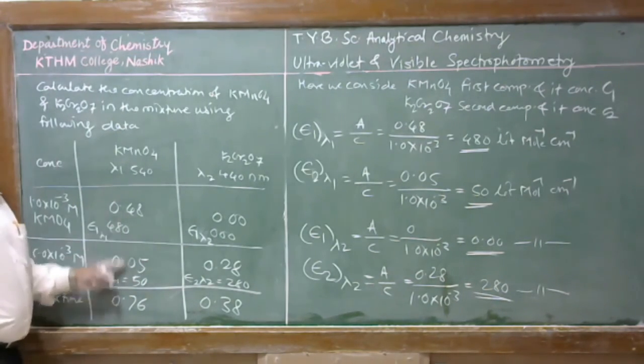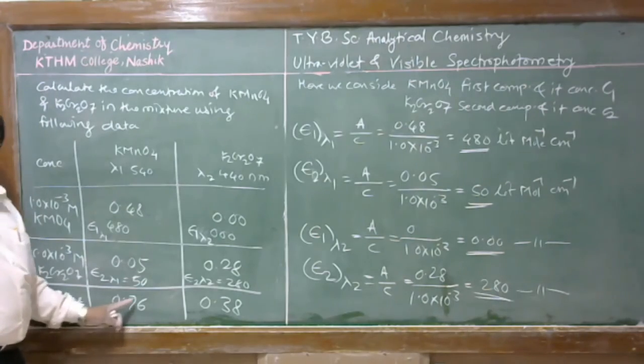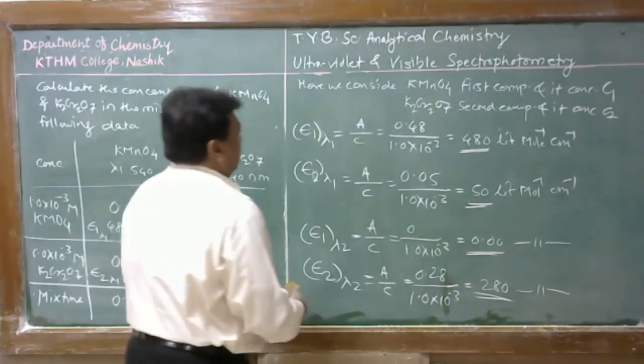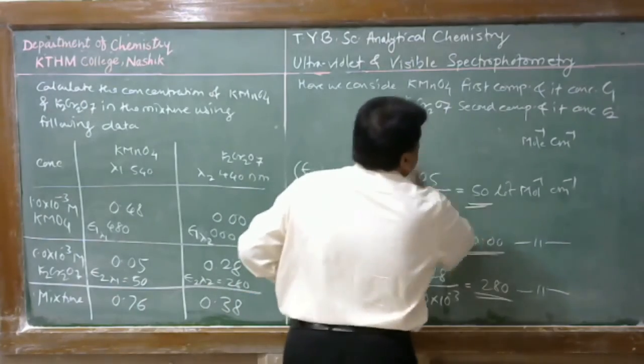We have all these values of epsilon and the absorbance of the mixture, so then we can find out C1 and C2.